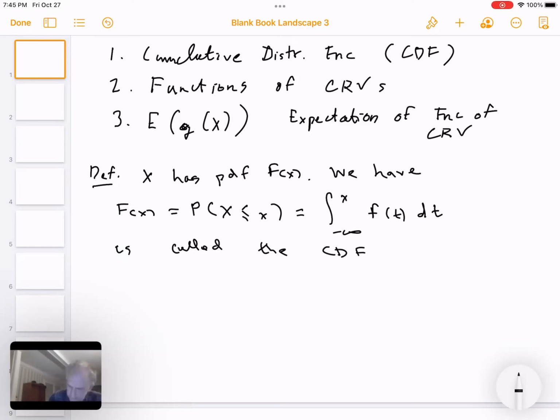Of course, I'm trying to save writing, so I'm going to just use abbreviations and say it. You can hit pause if you need to slow down and write it out. Capital F of x or F sub X. So it just accumulates the probability that X is less than or equal to some number.